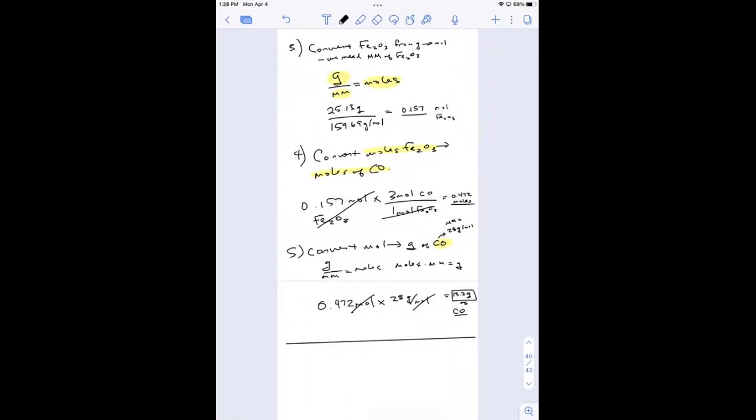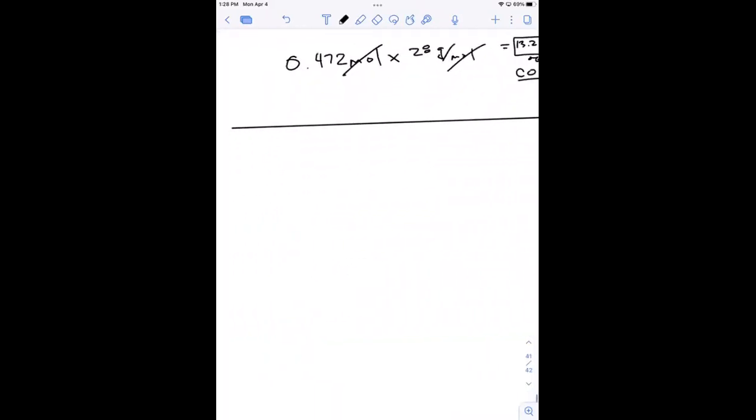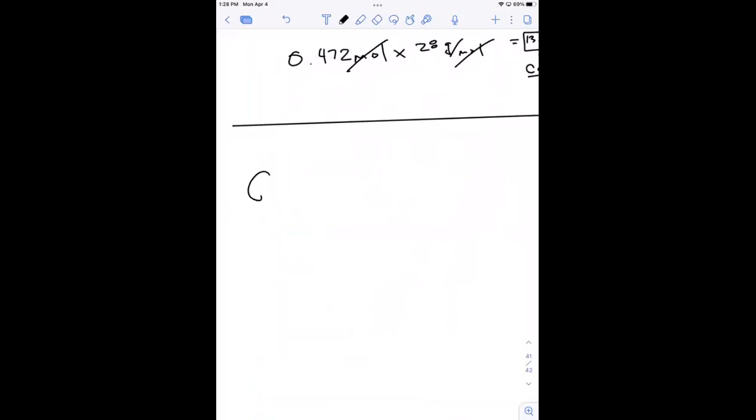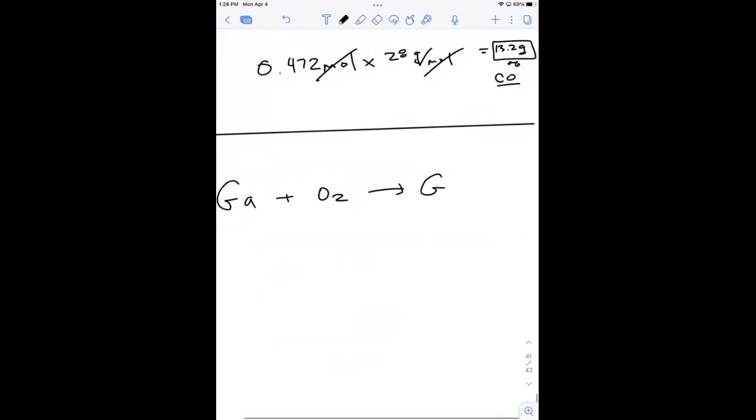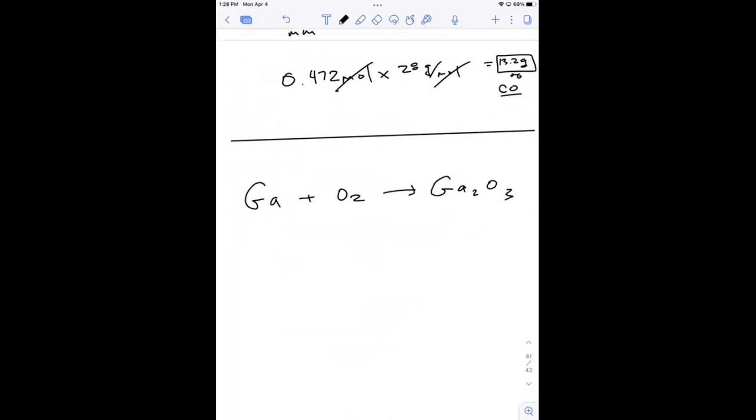All right, let's take another example. Let's start with gallium metal plus oxygen. That's going to go to gallium oxide. And we need to balance that.